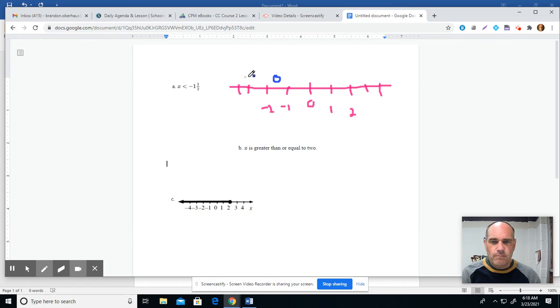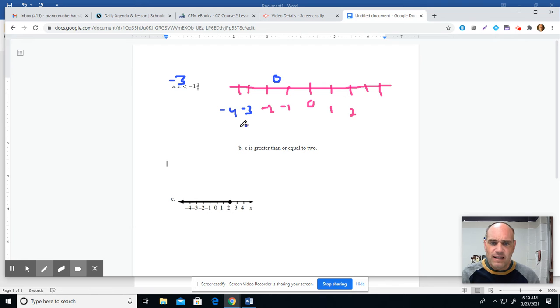Now I need to make a decision. Do I shade right or do I shade left? If I pick a number to the right, like 2, and I put a 2 in here, is this true? It's not. So I don't want to shade right. I'm pretty sure I'm going to shade left. Let's put a -3 over here. If I do this, -3 is less than -1.5, because the numbers to the right on a number line are always larger.